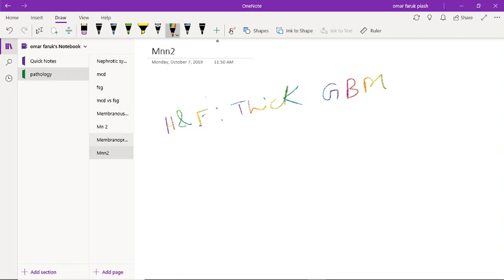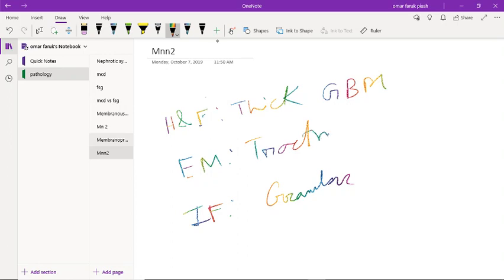And next, on electron microscopy and in immunofluorescence, the immunofluorescence is granular due to immune complex deposition, and there is tram track appearance.